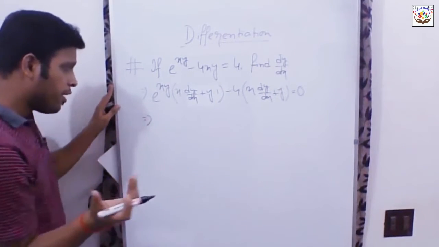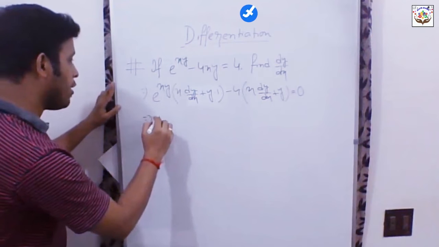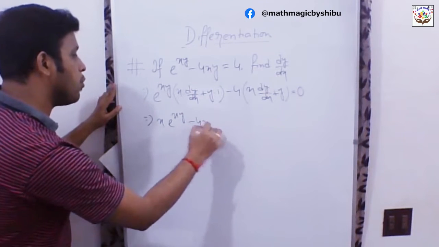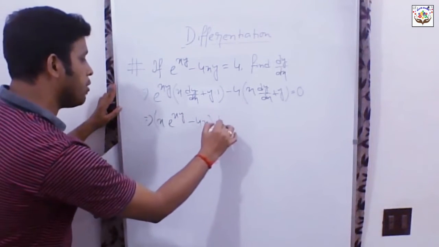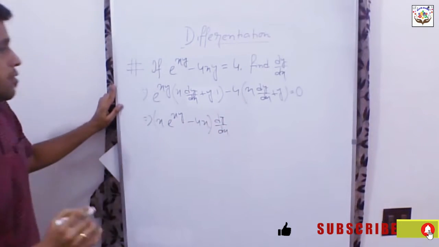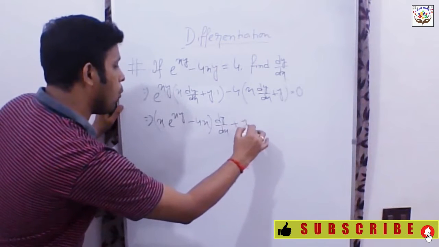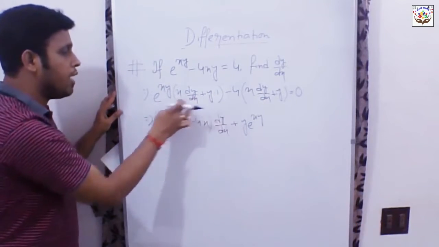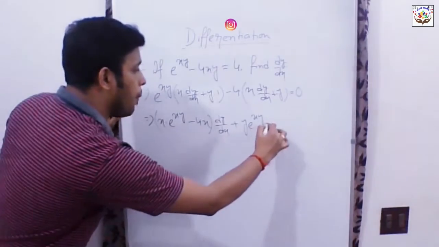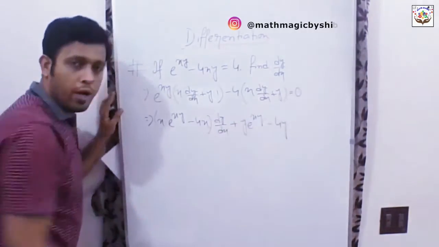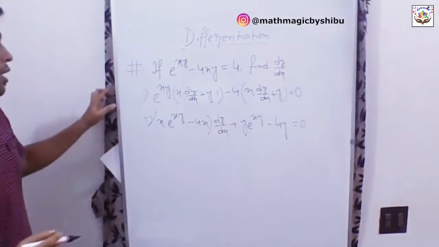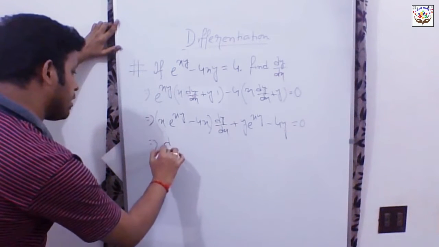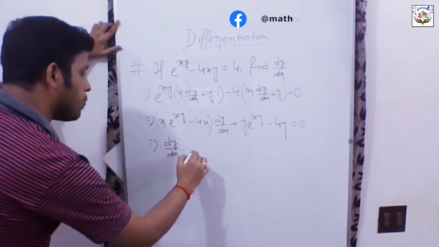So if we take the dy/dx part out on one side, it will be x into e to the power xy minus 4x, into dy/dx, plus y e to the power xy, as we are multiplying y with the e to the power xy, minus 4y, this minus 4 into y, right, will be equal to 0.